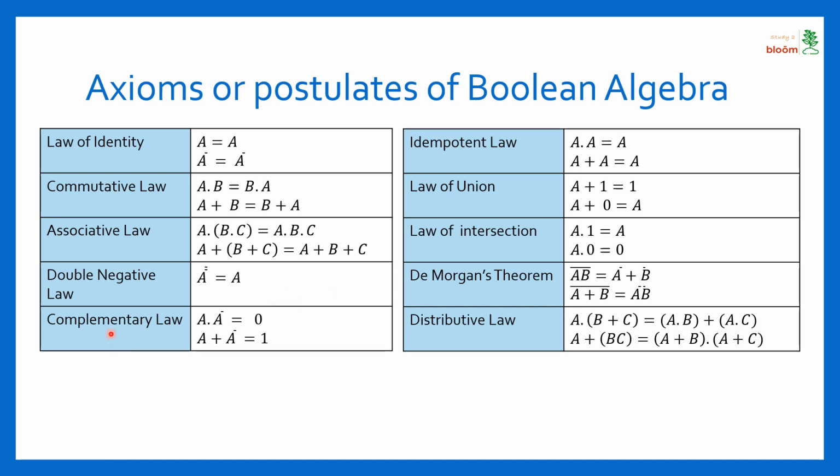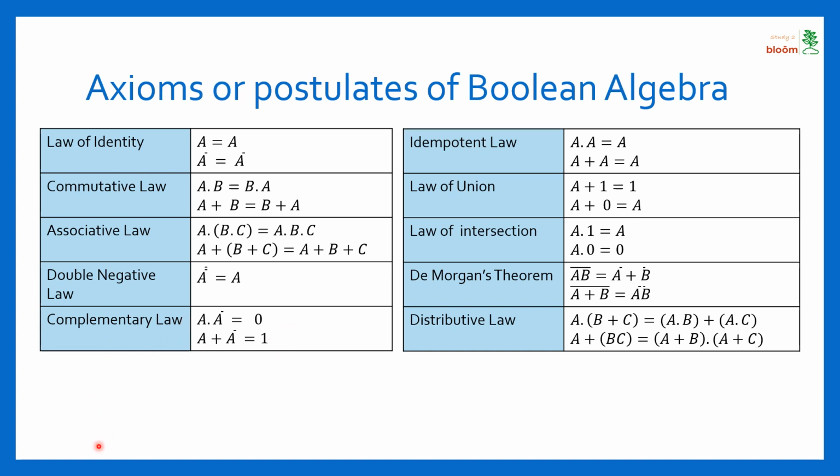Then the complementary law. So here, if A is multiplied, that's the AND operation. A and negative A equals 0. Because if A is 0, then negative A is 1, then 0 into 1 is 0.